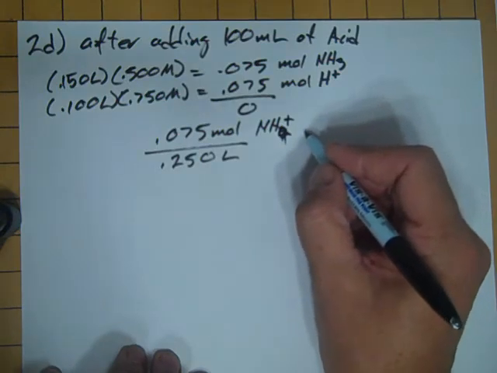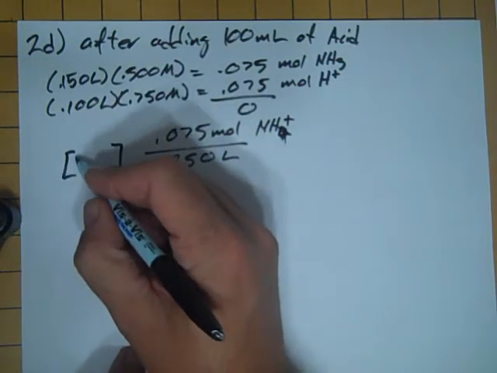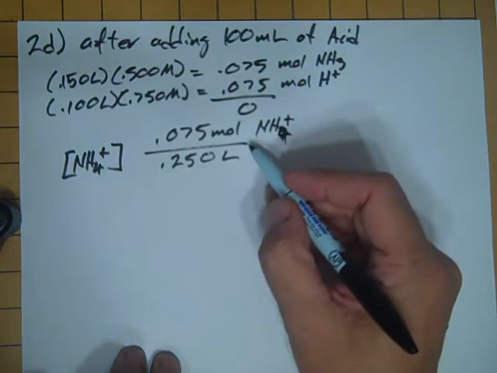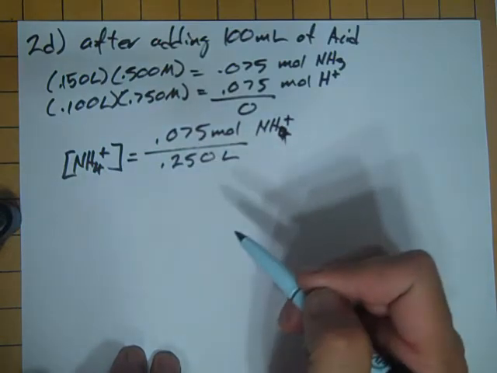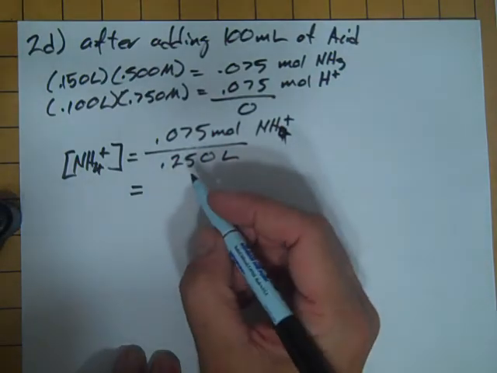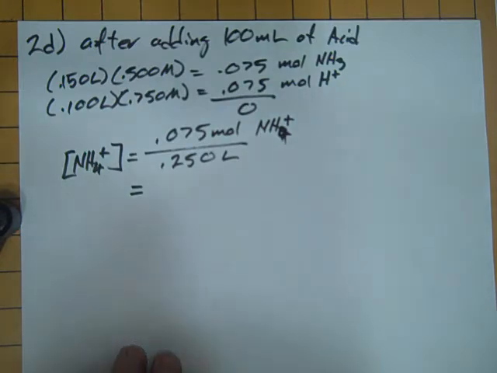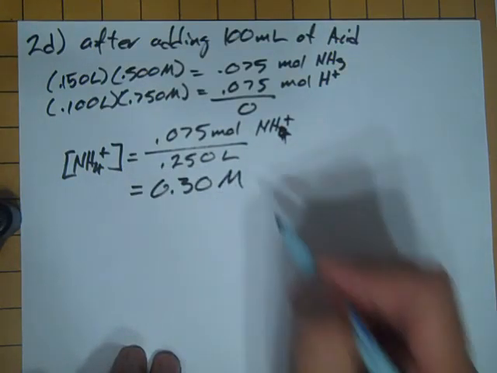So that means I can solve this and I can say that my concentration of NH4 plus equals the moles of NH4 plus divided by 0.250. So my concentration of NH4 plus happens to be, oh, I just had it, 0.30 molar.